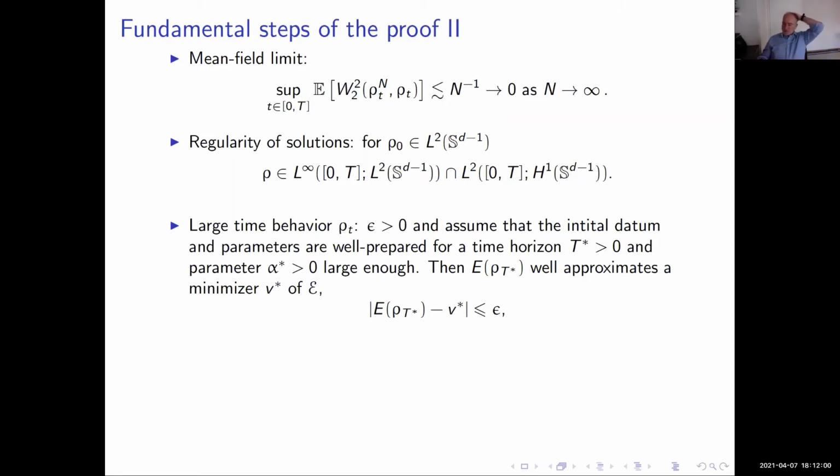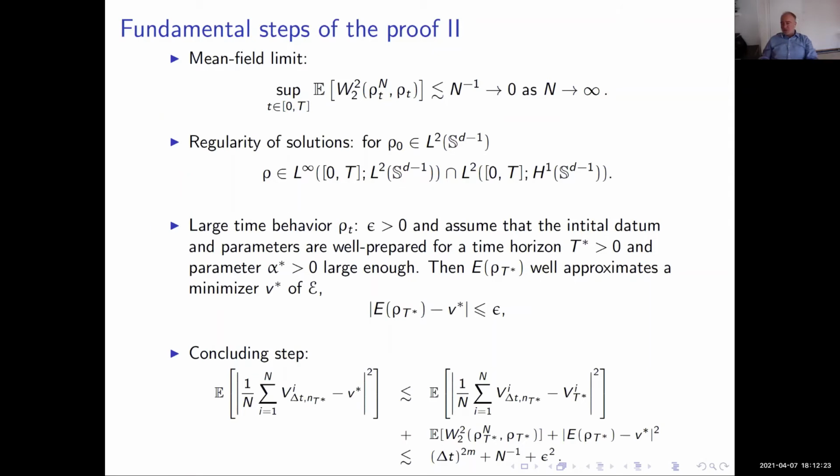So we can show that at a finite time t star, and for alpha large enough, the expected value of the law at time t will be very close to v star, with an epsilon error that comes into the game.